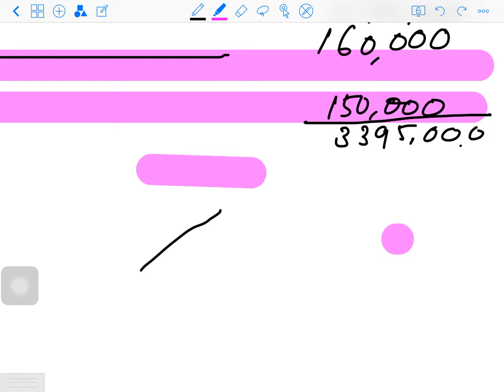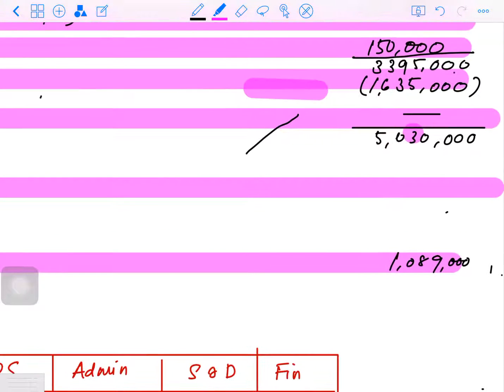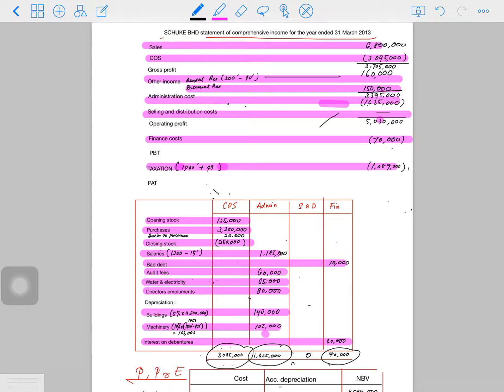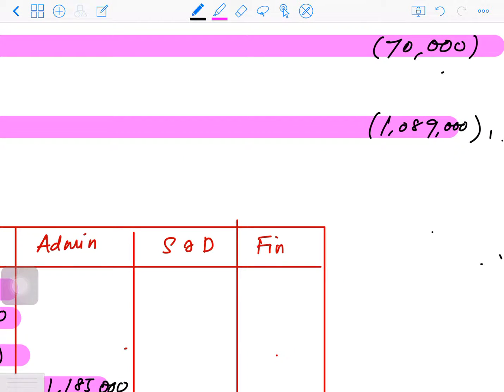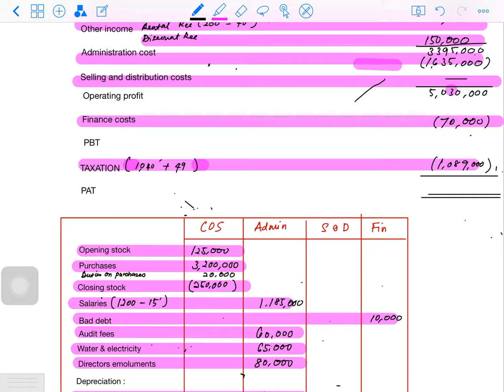Finance costs kita ada 70. Tolak 70. So 5030 minus 70 minus 1089, 3871.